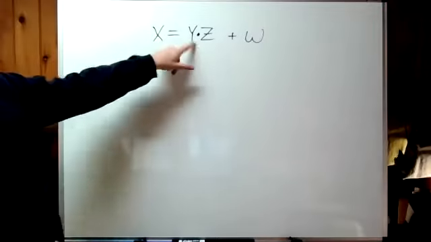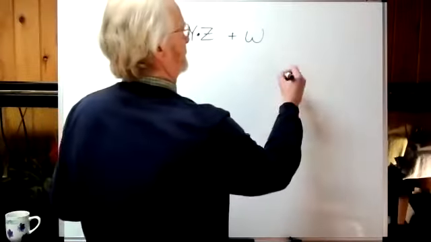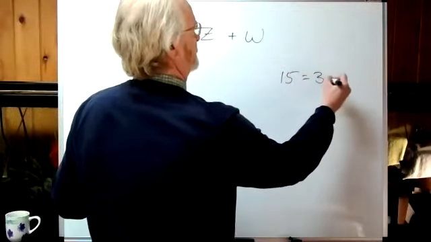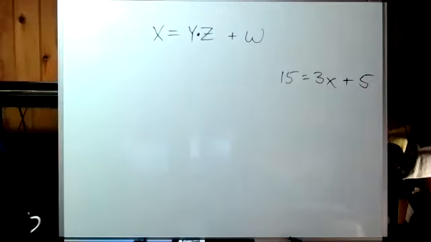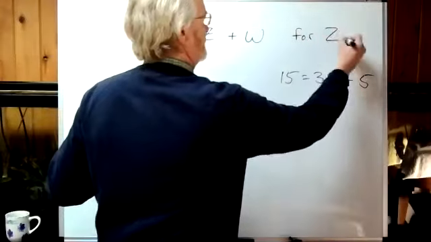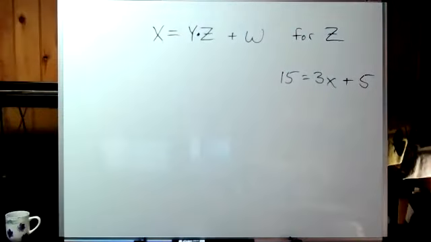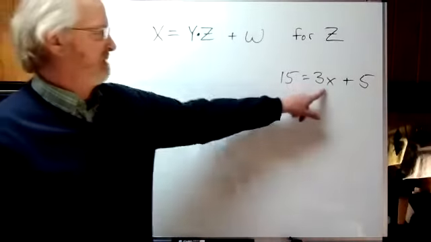All right, that's a multiplication, and there's an added term. Something that looked like that, because I'm going to say, let's find the z. Let's get the z all alone. The z here is in the same spot.